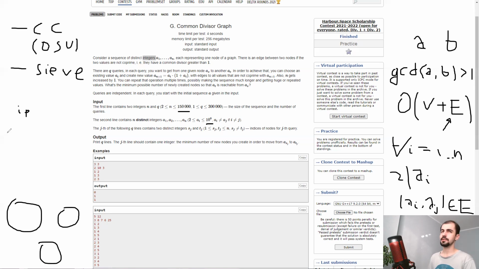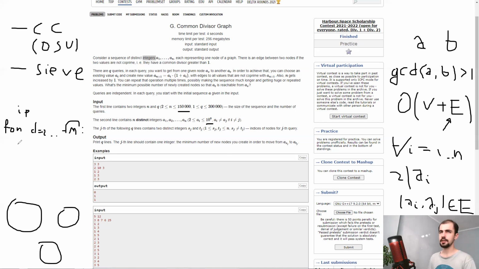So your normal sieve goes something like this. You have your array is_prime. You say, okay, I'm going to loop for d from 2 to square root of maximum value.